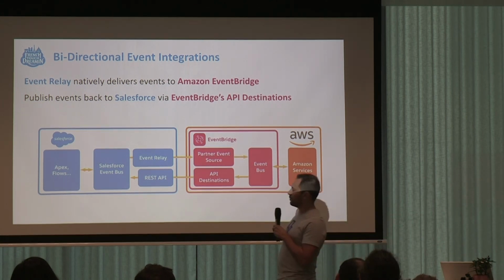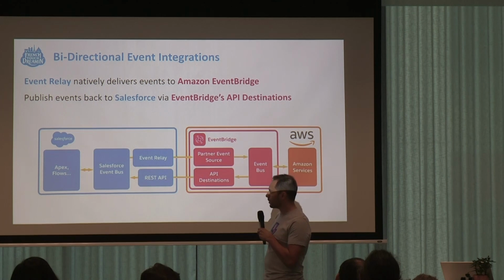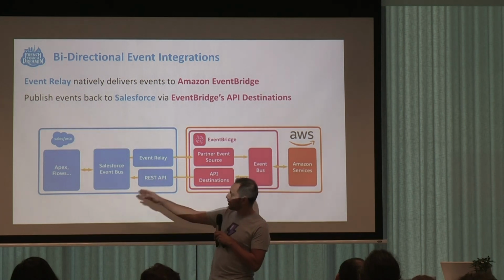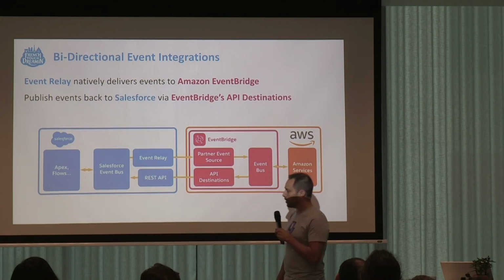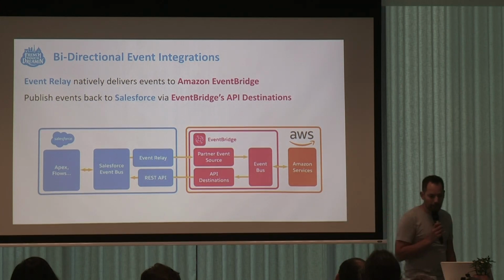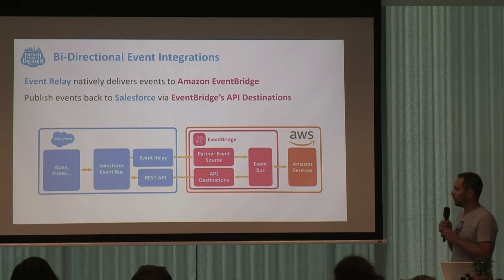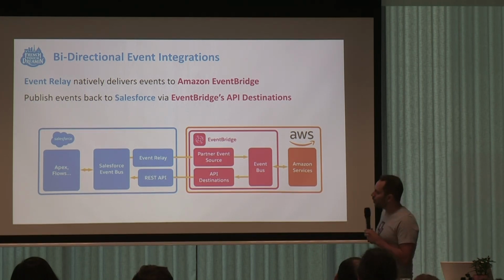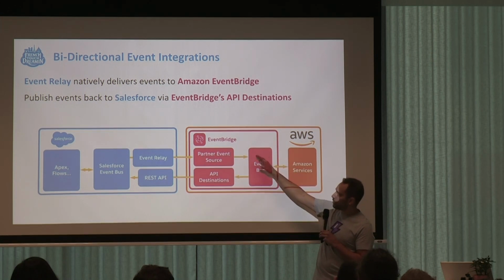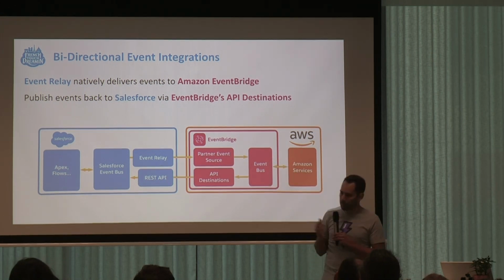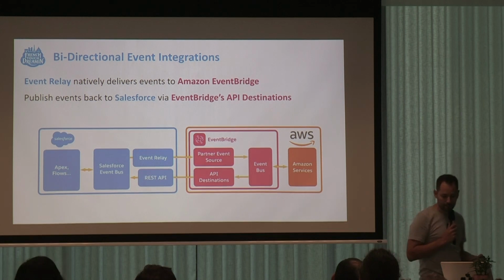So let me just first give you an overview about the first route. The first route is sending an event from Salesforce into AWS. To do that, we use something called Event Relay, and Event Relay helps us to connect to AWS. And there are a number of things you have to configure on the AWS side. To talk to this event bus on the AWS side called Event Bridge, you have first to establish something called a partner event source.